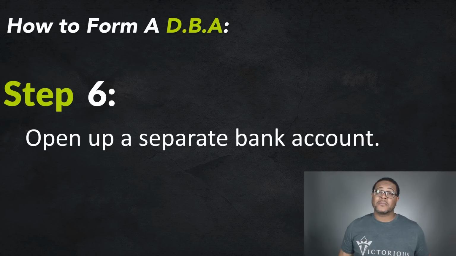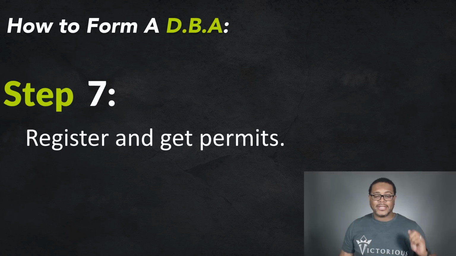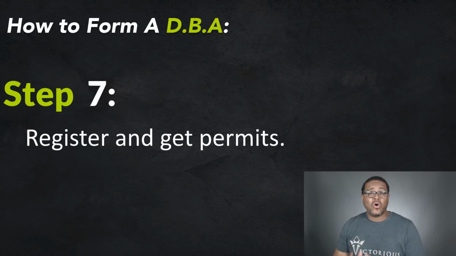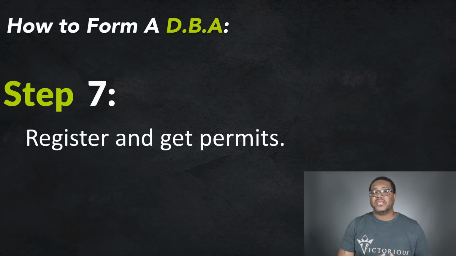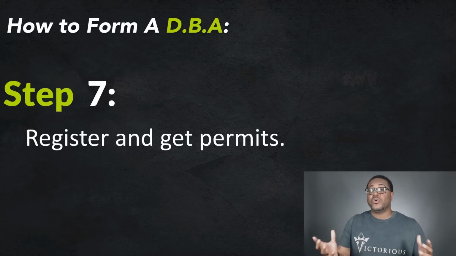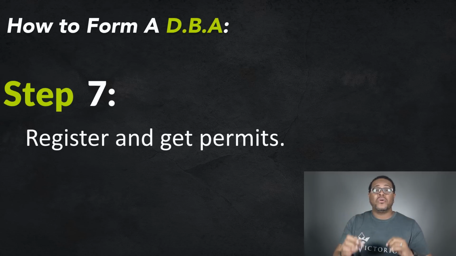And the last step, register and get permits. Again, depending on where you are, there is going to be a wide variety of additional steps that you are going to need to do, depending on your business. Depending on the type of business that you're getting ready to test, you may need to grab a seller's license, a wholesaler's license.